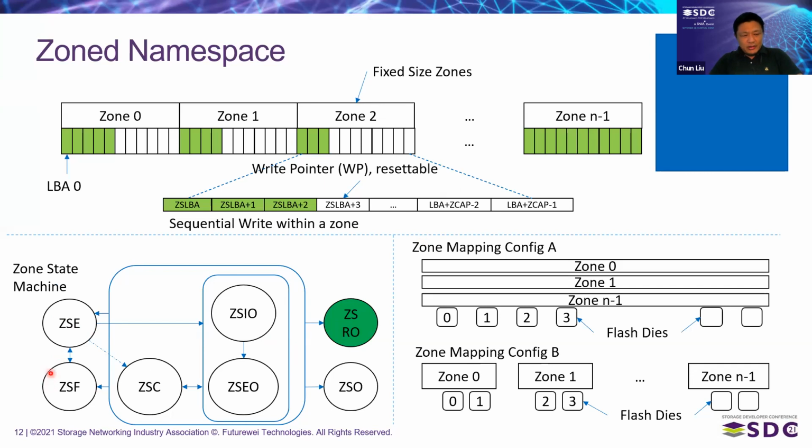Full state, ZSF. We also have the open state, which is implicit open and explicit open. We also have the closed state, which is ZSC. The most important one, in my view, is the read-only state, ZSRO, which is perfect for operations like seal.